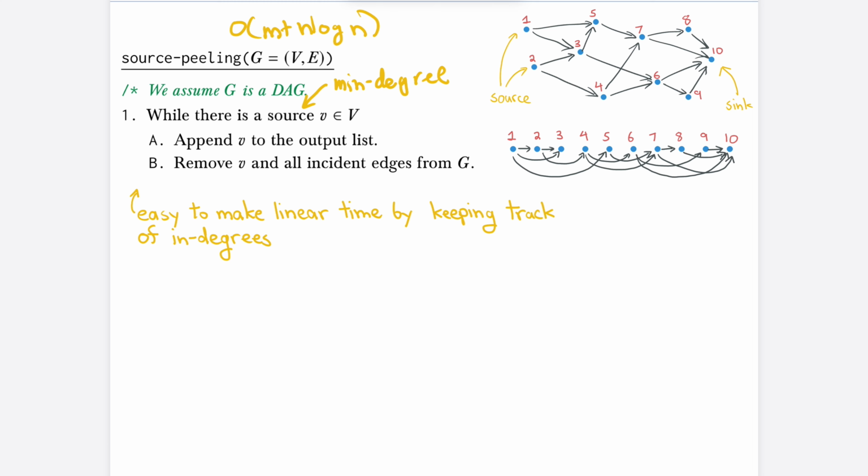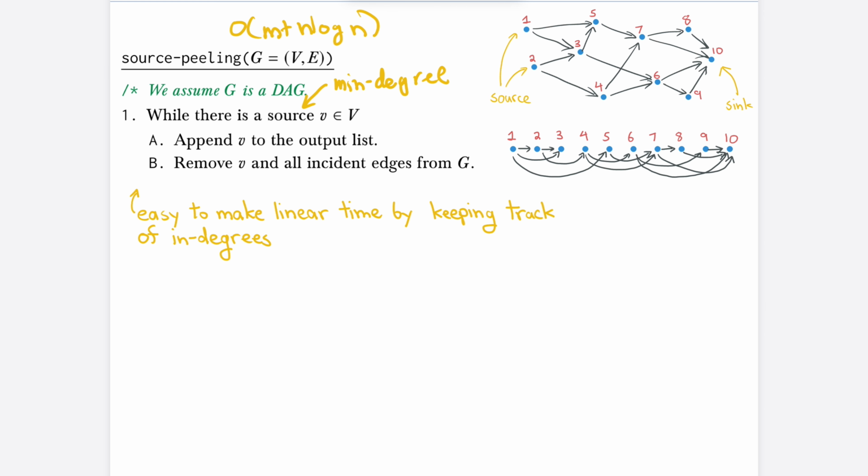So each time you delete an edge, you also update one counter. So it's a one-to-one thing. It's not really much overhead. And then you just have to keep track of which counts reach 0. Some count goes down to 0, you just put it on your list. This one's a source. So you can actually do it directly without really a data structure in some ways. That'll get you down to m plus n.